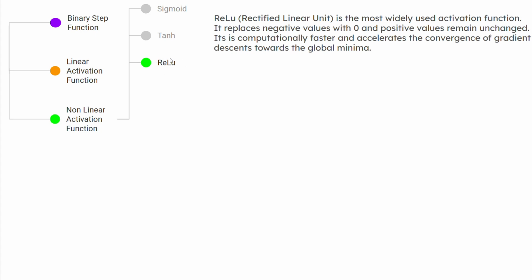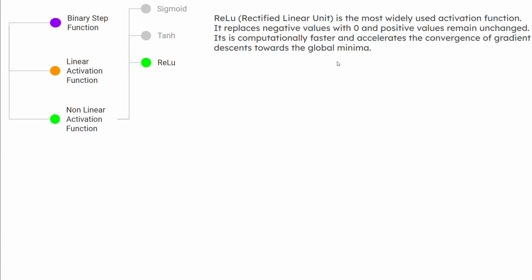This is mostly used in the hidden layers, and what it does is when the values are negative, as in the tanh where we have negative values, all the negative values will be replaced with zeros, whereas all the positive values will remain unchanged.